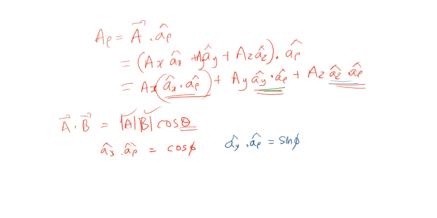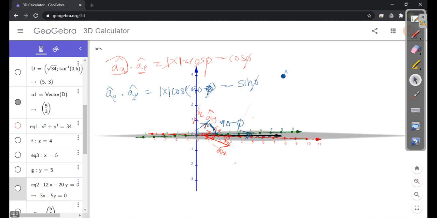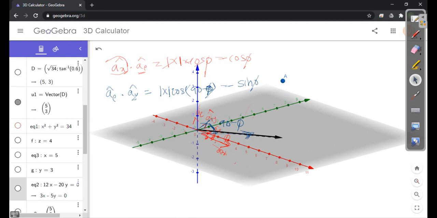So what is the last one? AZ dot arrow cap. AZ is in this direction, upward. Arrow is in this direction. So what is the angle between them? It is 90 degree, right? So what is the value of cos 90?